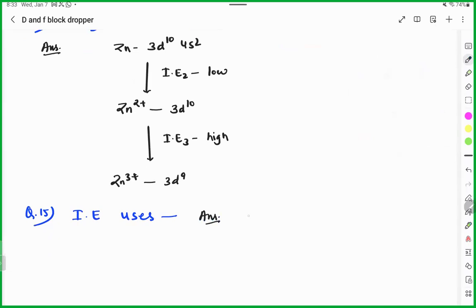Okay. So we predict stability of oxidation state. Example, we just did for the zinc: why zinc 2 positive is more stable, not zinc 3 positive? Because ionization enthalpy changes.